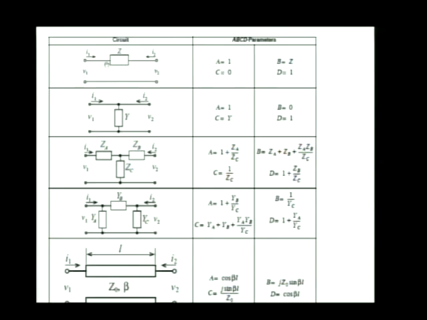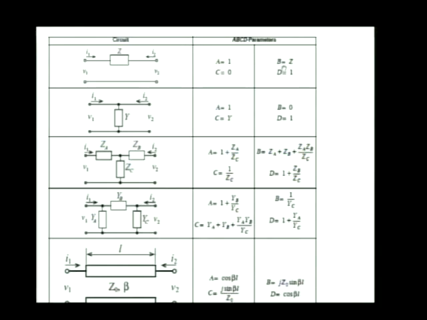The first circuit is nothing more than a single series resistor. So think of drawing a dotted box around this portion of that circuit. You can define voltages and currents at the two ports as usual and calculate A, B, C, and D as usual. And here's what you'll find.